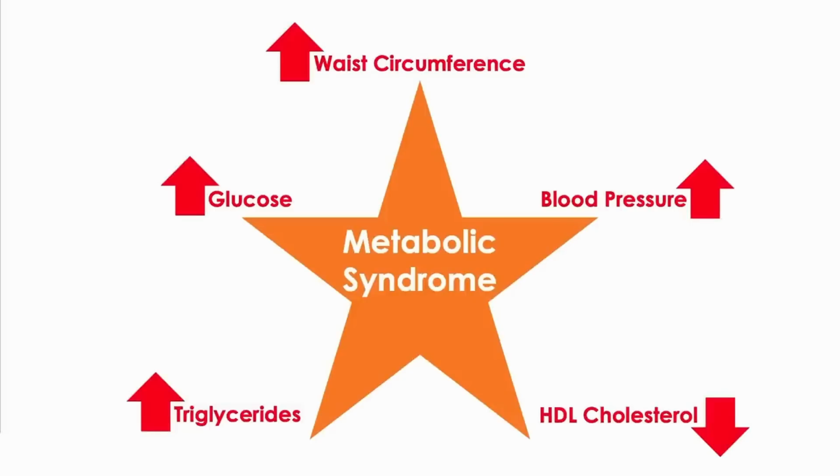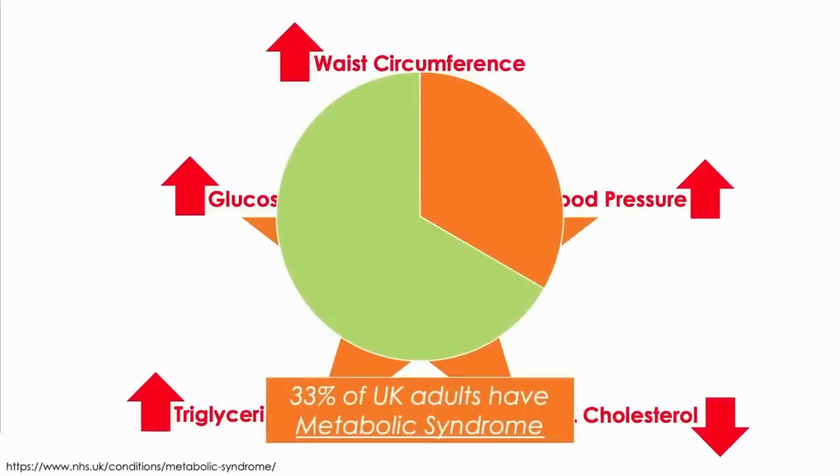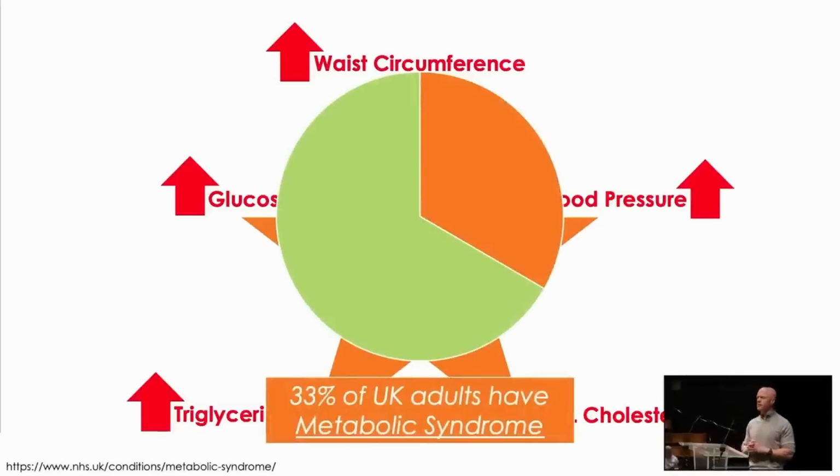But regardless, this is the general consensus, that if a patient comes in with dyslipidemia, high blood pressure, high glucose, and a large waist circumference, they would be defined as having the metabolic syndrome. And this is a problem here, where within the UK, 33%, so a third of all the adults, have confirmed metabolic syndrome. Well, that's pretty sobering, and it's even more sobering when we look a little further abroad.